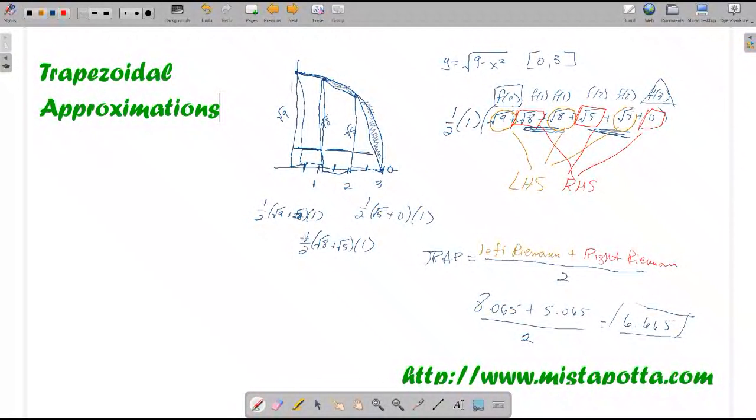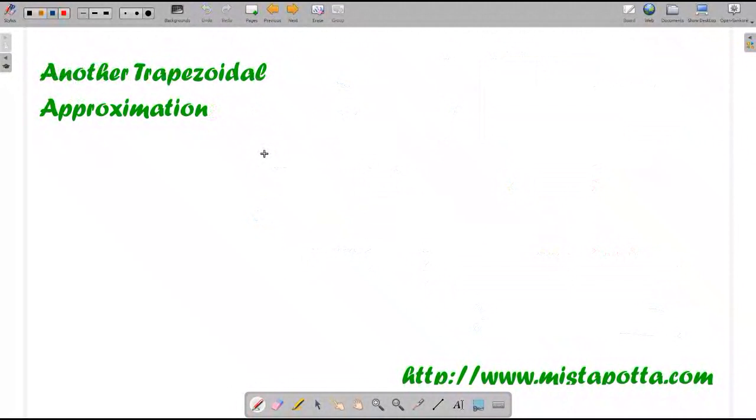So I want to do another example of this trapezoidal approximation. I'm going to look at y equals x cubed, from the domain from 0 to 2. I'm going to go ahead and do 4 rectangles here.